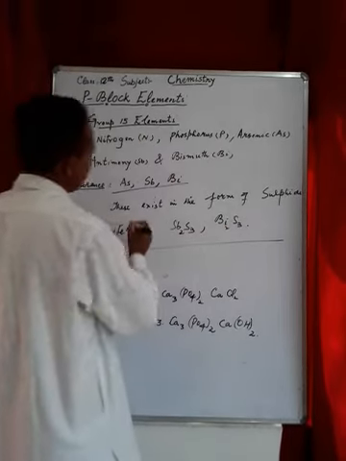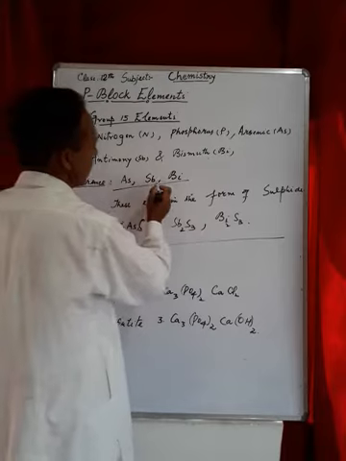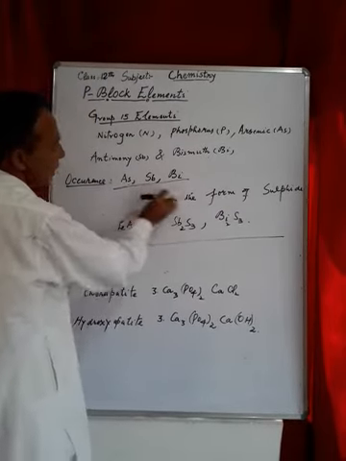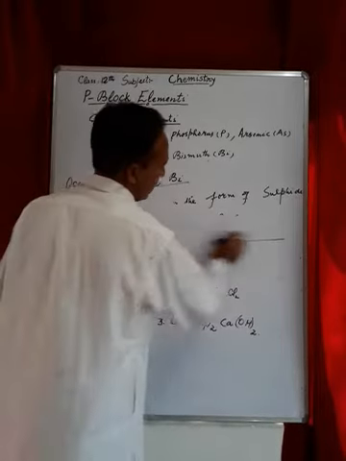These are sulfides in which arsenic, antimony, and bismuth exist, but in small traces.